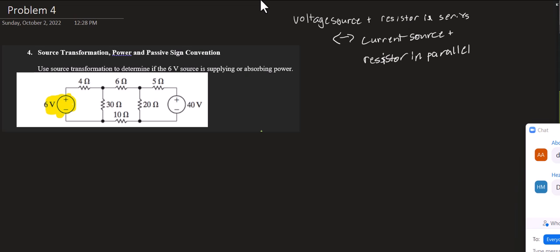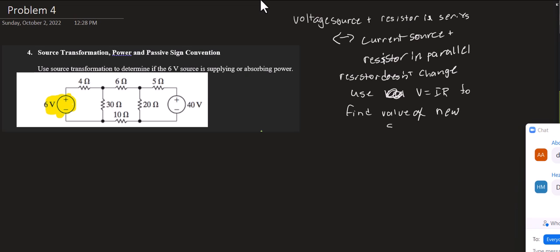So voltage source and resistor in series, current source and resistor in parallel. So it has to be that, can't be the other way around. The resistor doesn't change. And use Ohm's law to find the value of the new source.